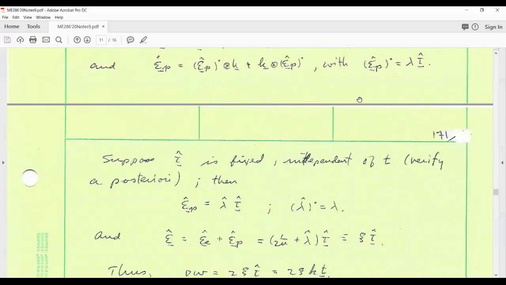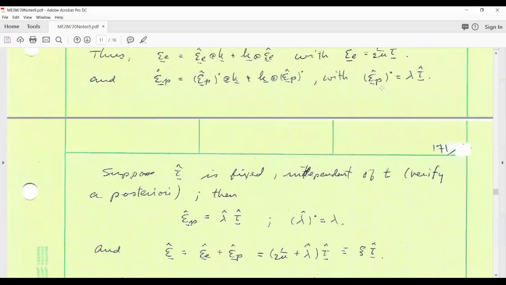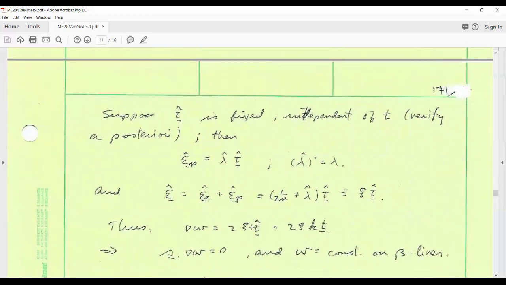Then we can integrate the flow rule in time with tau hat fixed. We just get some scalar in front whose time derivative is this lambda, right? Then we can reconstruct the total strain field, elastic part plus the plastic part. The only thing interesting about that is it's some scalar coefficient, I'll call it psi, times tau hat.